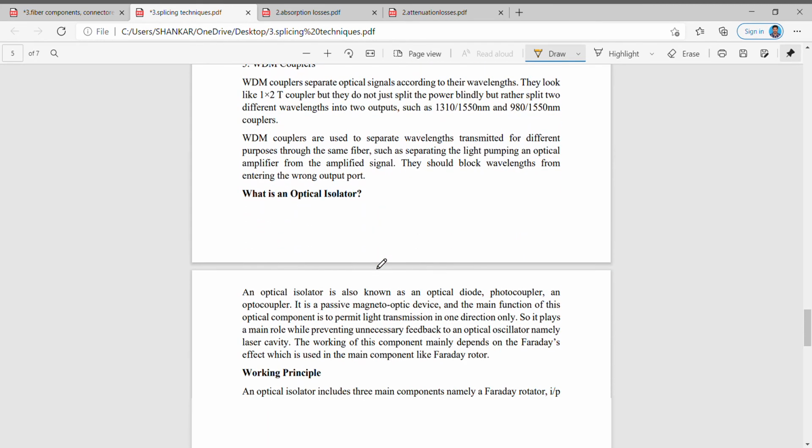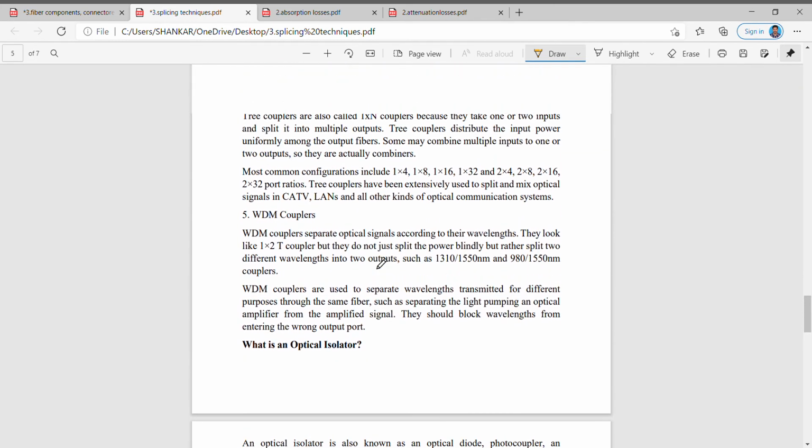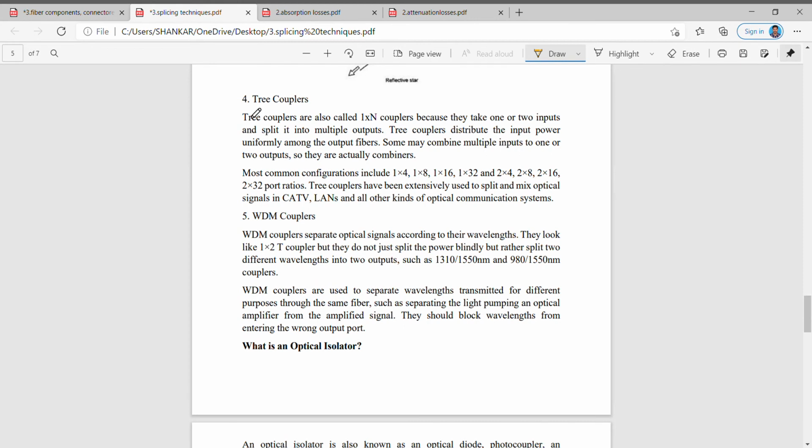Are you clear? Another is the tree coupler. The tree coupler is also called a 1 by n coupler. That means it can take only one input.